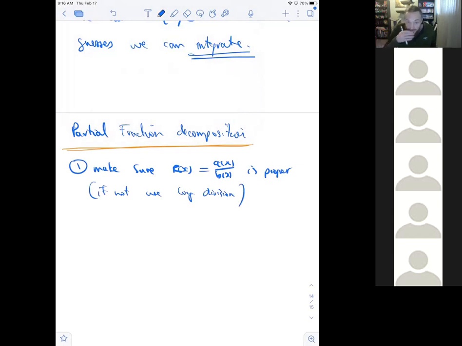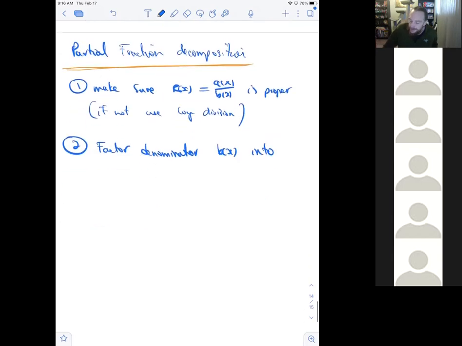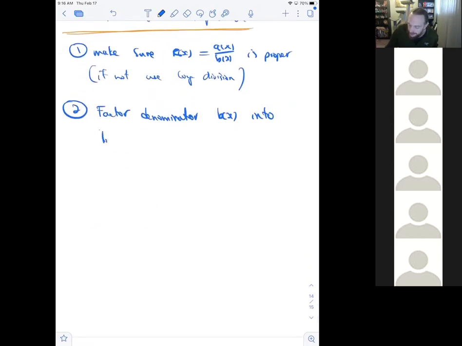And then you'll get a polynomial plus a proper rational function. 2, factor the denominator. You're focusing on the bottom right now, not the top. Factor B of x into linear factors and irreducible quadratics.